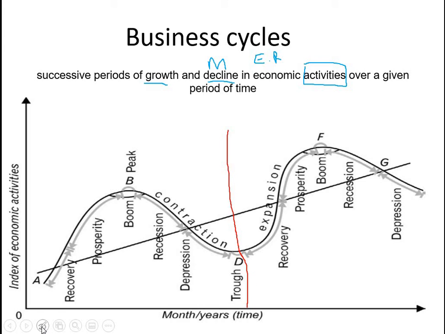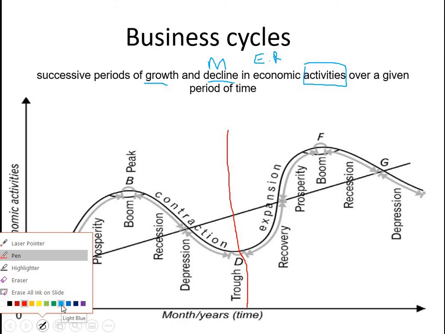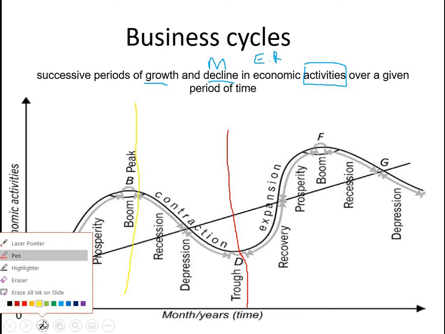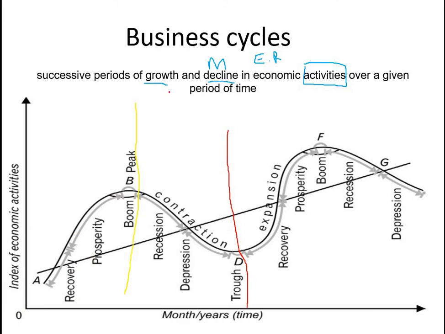Let's find another color. I want to cut this diagram again with my yellow. Good. Now, have we noticed what we have? We have the rate and we have the time. What is there and what is there?